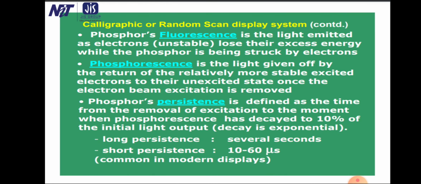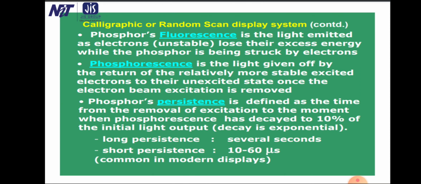Now let us move to the calligraphic or random scan display system. Phosphor fluorescence is the light emitted as electrons become unstable and lose their excess energy while the phosphor is being struck by the electrons.